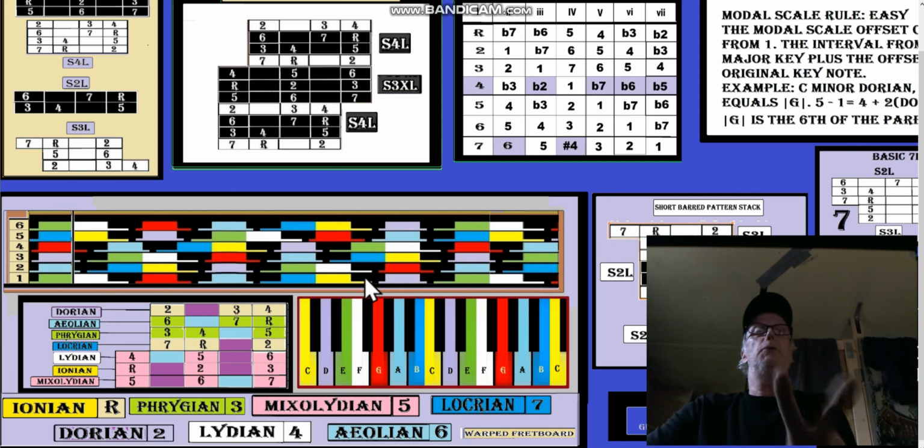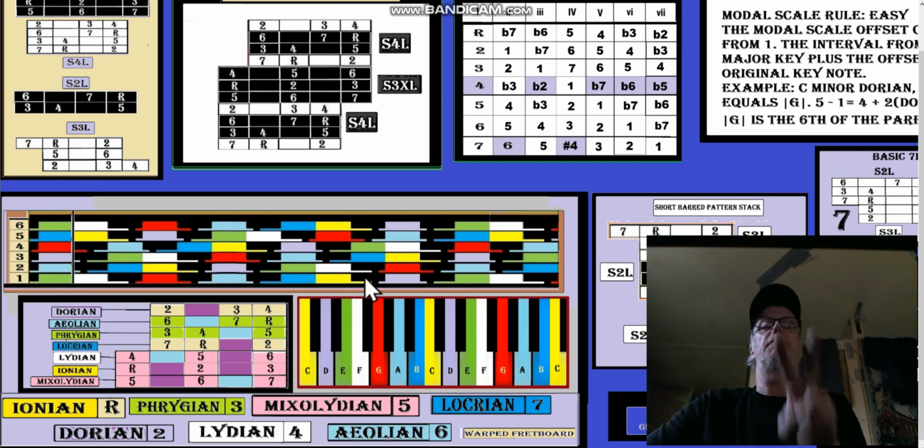The thing is, what key drops down a major and then drops down another major? Anytime you have two majors in a row, you know it's the fourth and the fifth. If you have a minor above it, you know it's the sixth. Any progression that has two minors in a row, you know it's the second and the third of the major key.